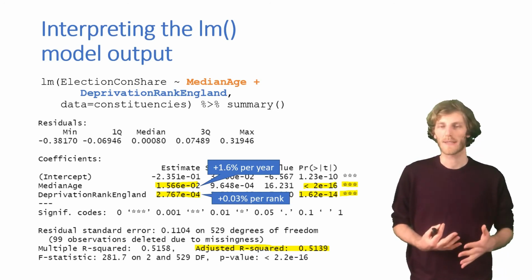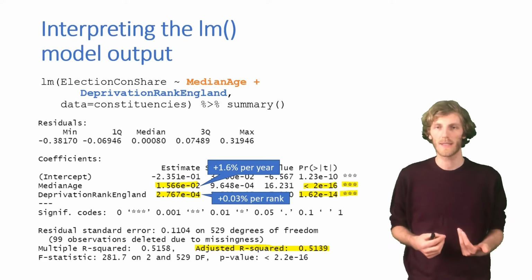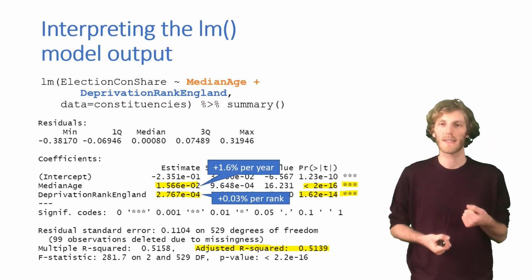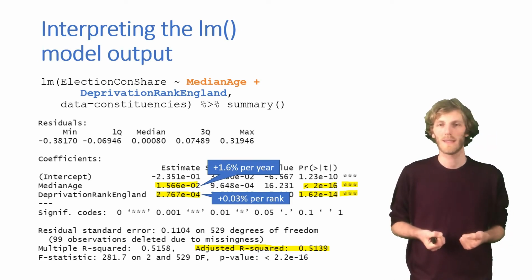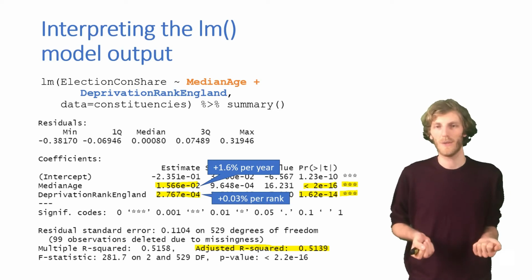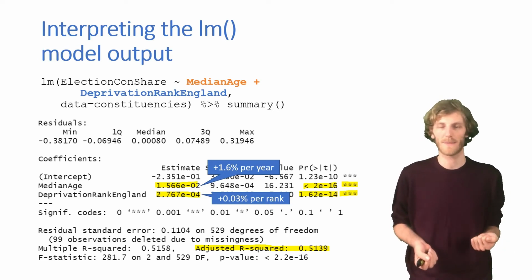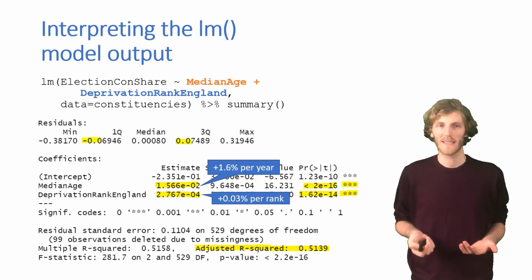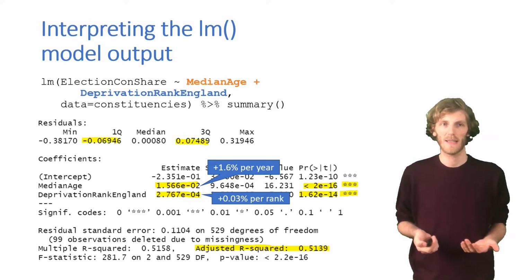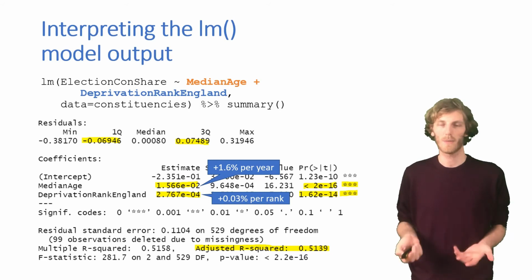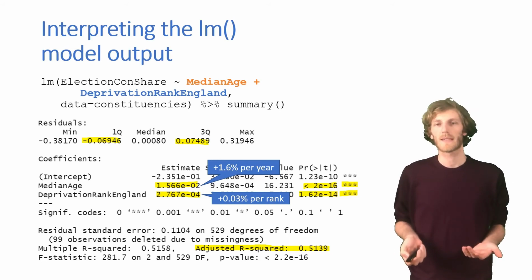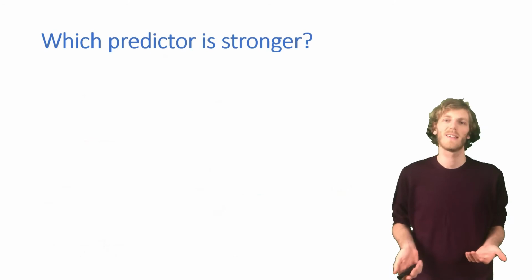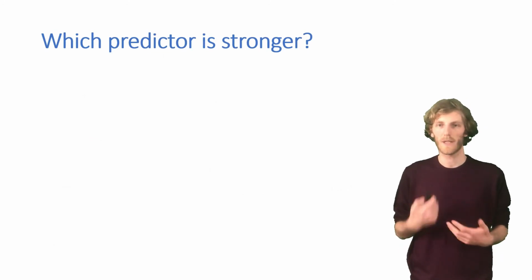However, one interesting question that we can't answer from this output is which of the two predictors might be more important. We have two numbers, but they have different units, so we can't compare those two numbers. The way to go about that is something that you might be familiar with, because it's very similar to an idea we already discussed.